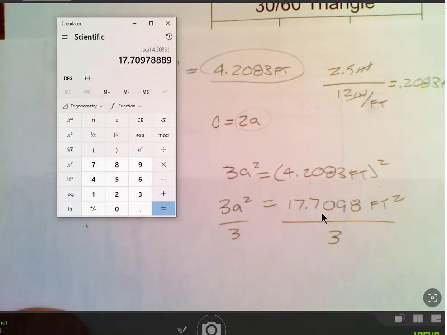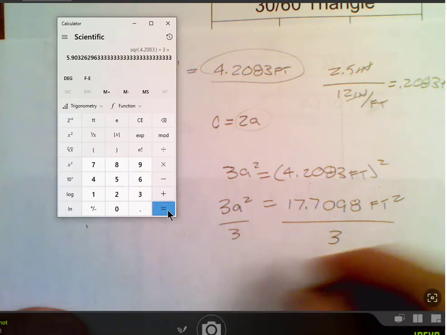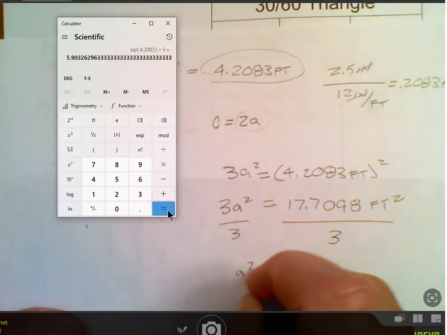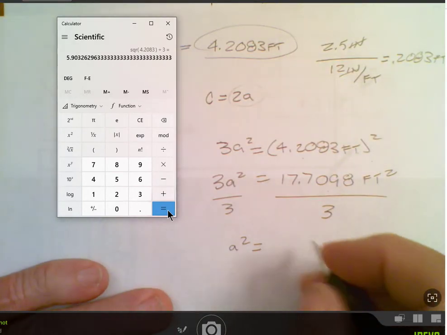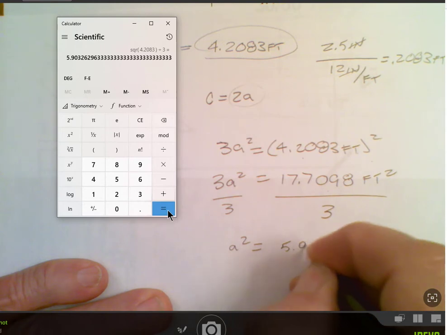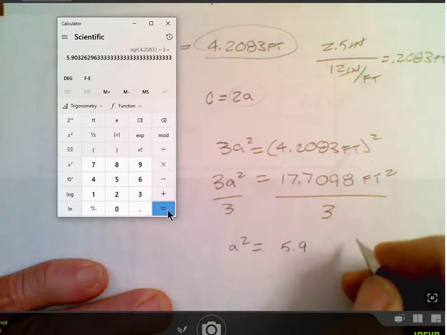I'm going to write it down by rounding, but as long as my calculator is giving me an even more accurate value, I'm just going to leave it there. Divide by 3. Come back out here, and now A squared is equal to 5.9033.